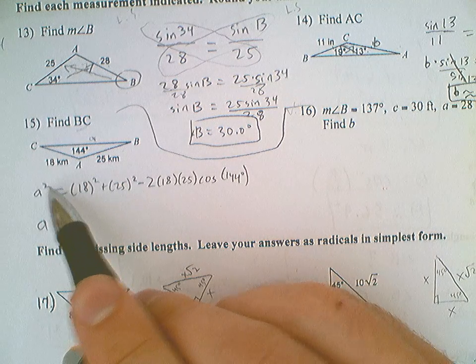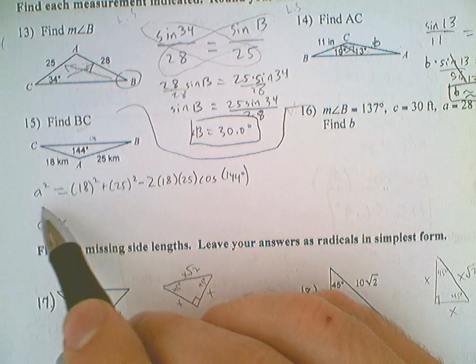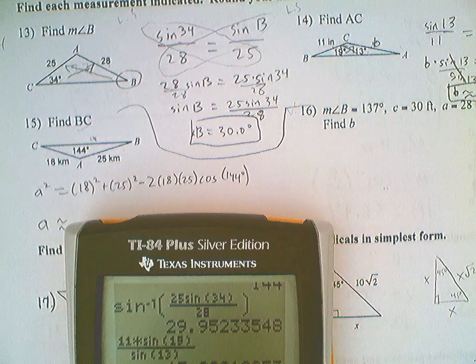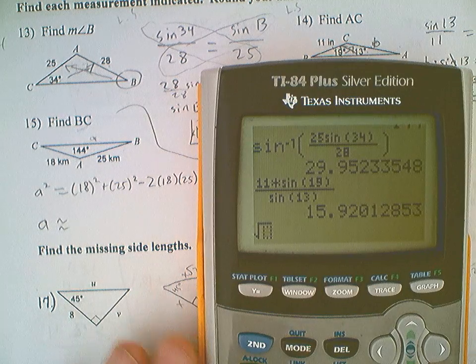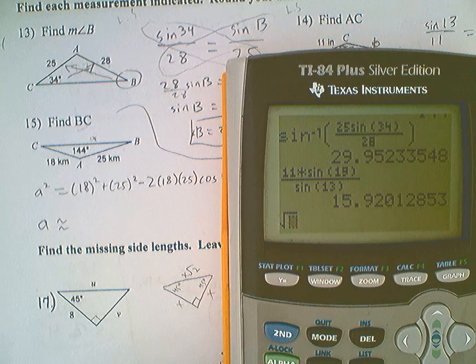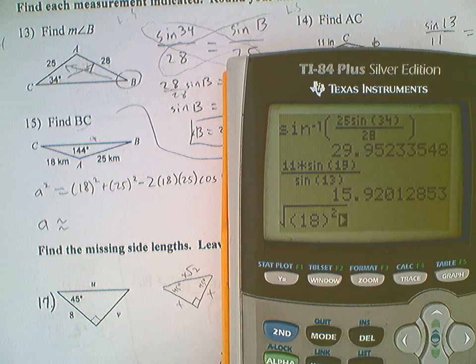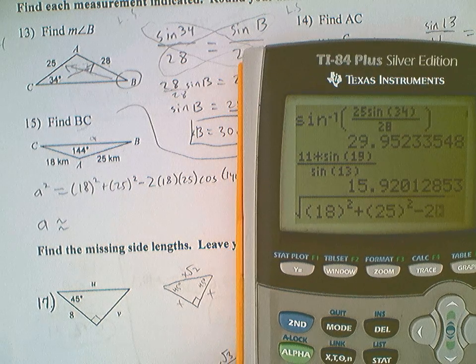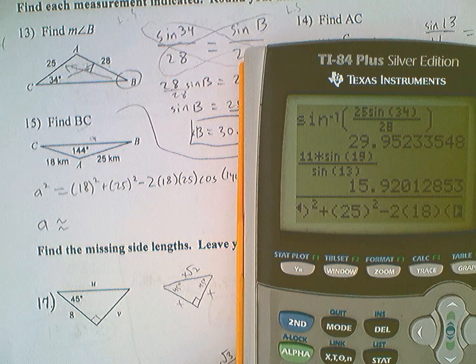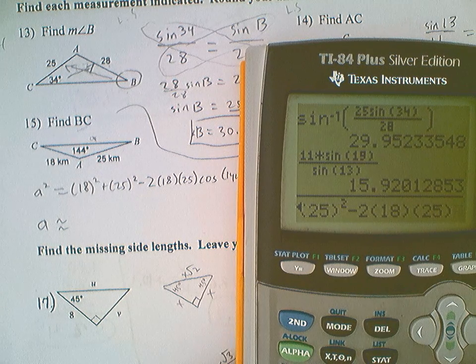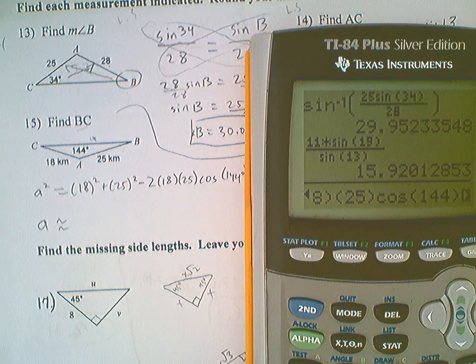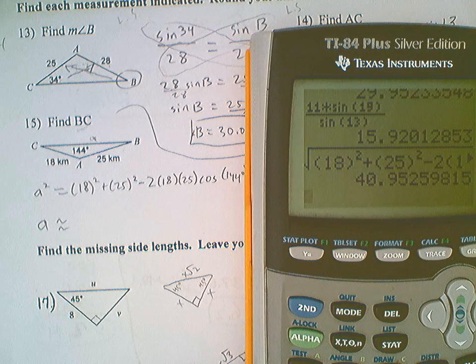So the only unknown is here on the left, A, and it's being squared. So to solve for A, I've got to square root what's on the right. So I'm going to press second, square root, and I'm going to type it in exactly as it appears inside the square root, and it looks like we get 40.95.